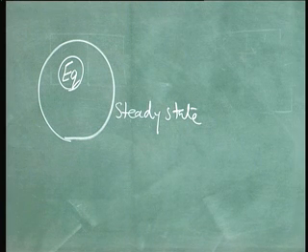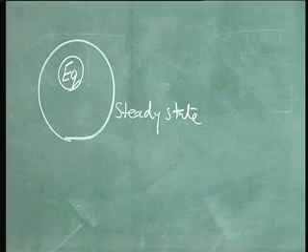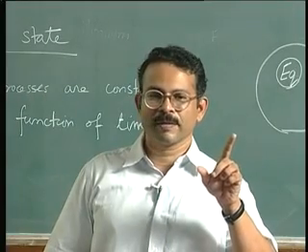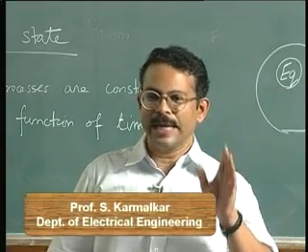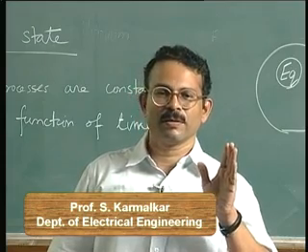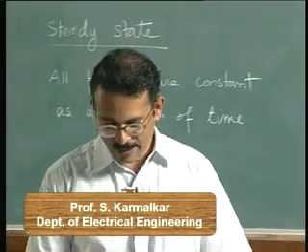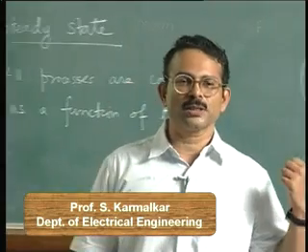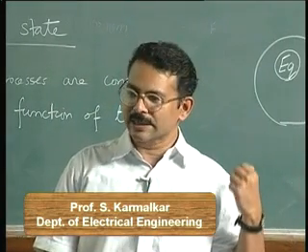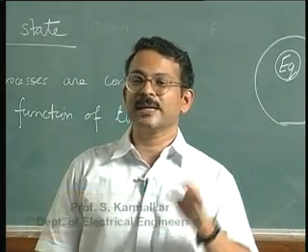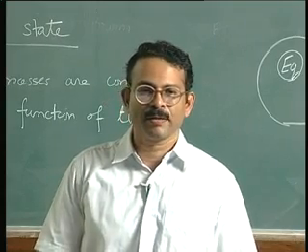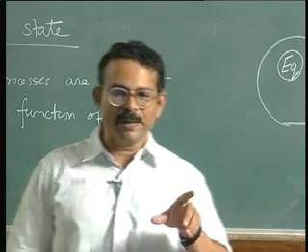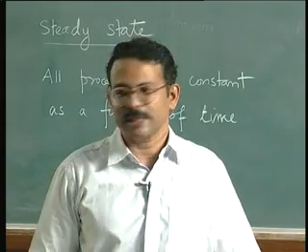So if a semiconductor is in steady state, is it under equilibrium? This clearly shows that if a semiconductor is in steady state, it need not necessarily be under equilibrium, but if a semiconductor is under equilibrium, it is definitely under steady state.